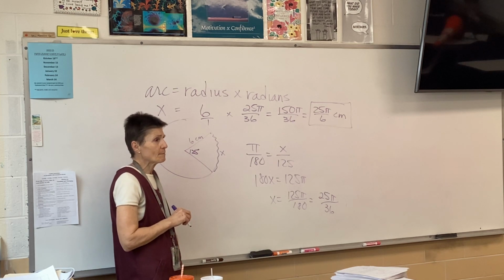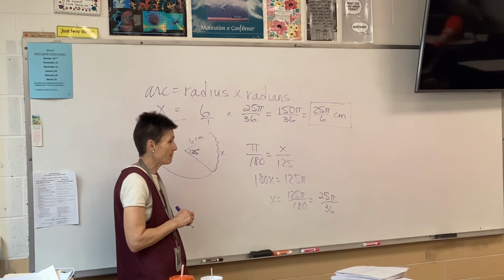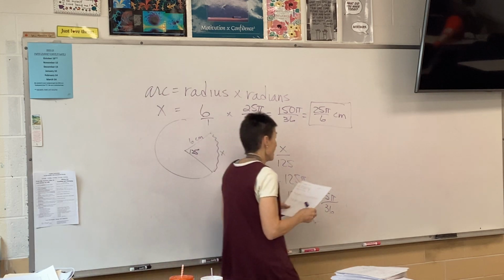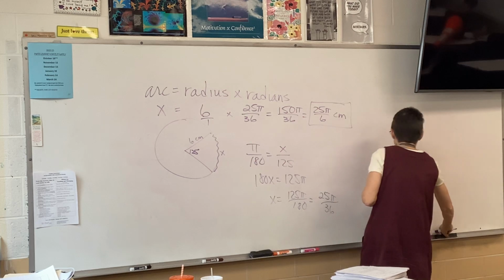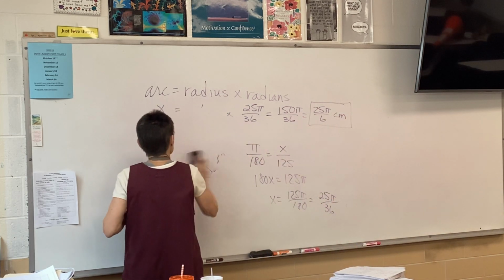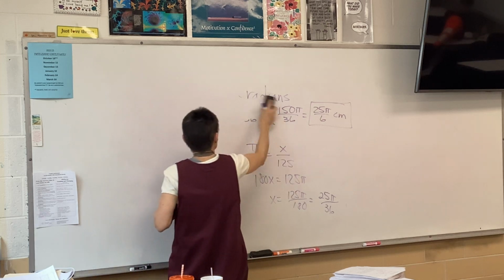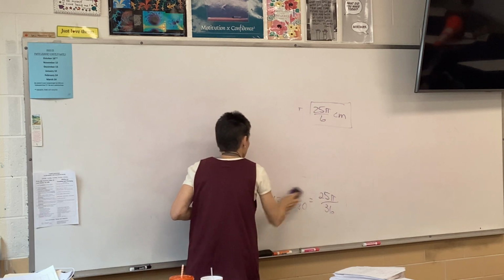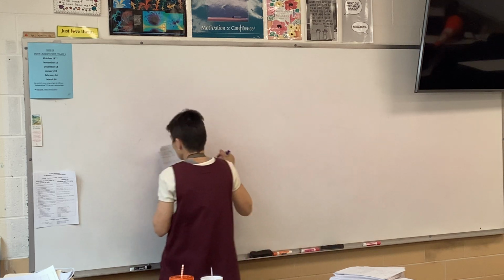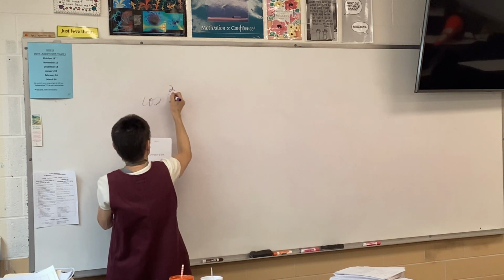All right, who else? Somebody else had a hand up. Yeah, Number 4. Number 4 is one of those problems where we have to find everything, but they give us one of them.